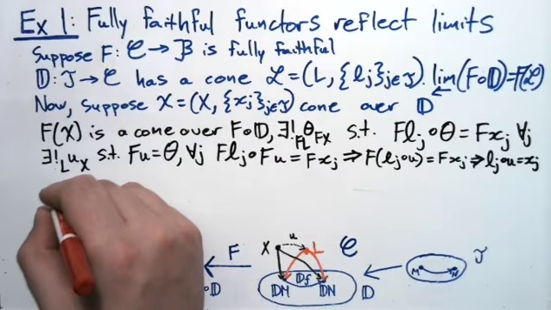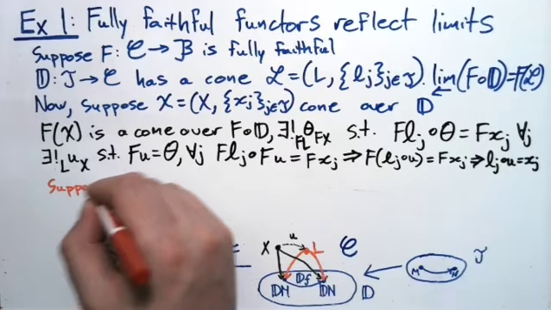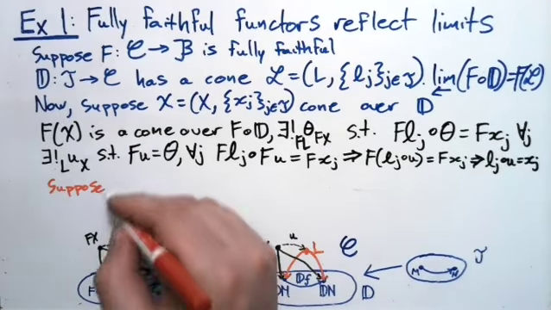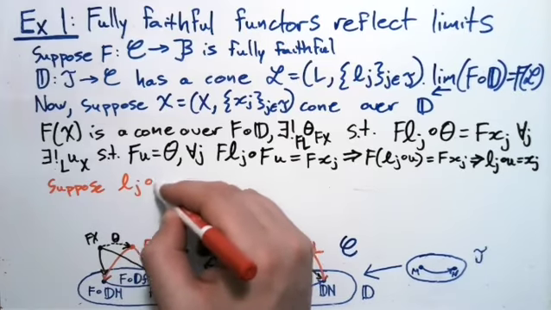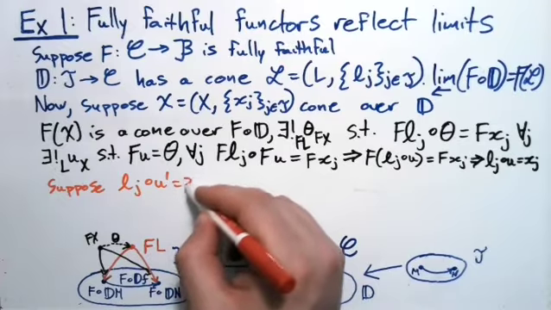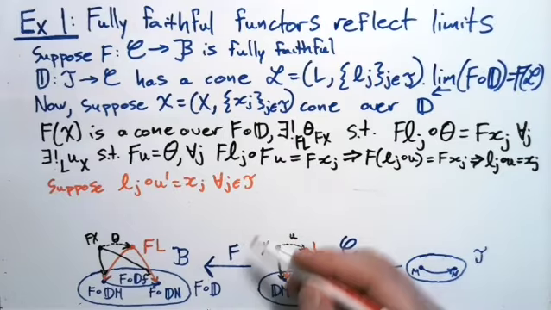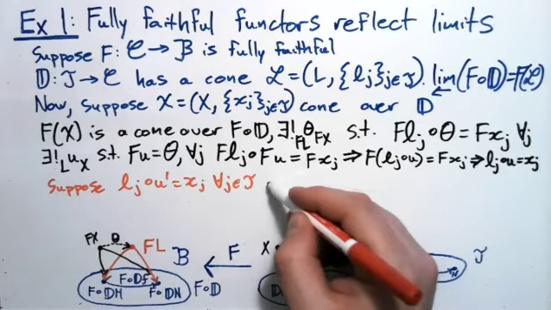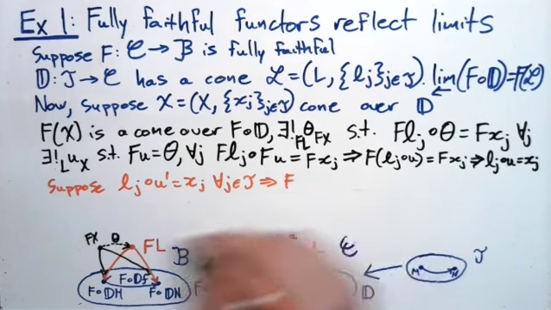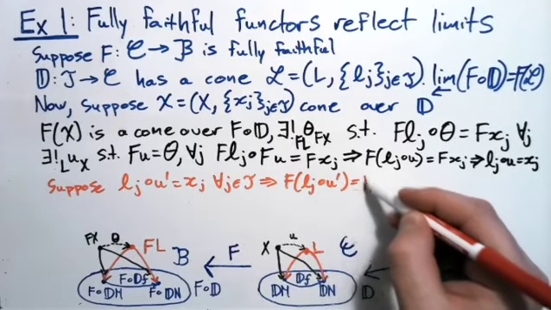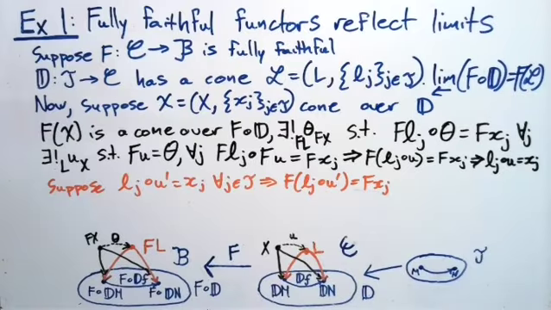So in order to show that, suppose that there exists a U prime such that L J after U prime also equals X J for all j in J. Then, if that's the case, we can apply F to both sides to get F of L J after U prime is equal to F of X J. But if that's the case, then we can split this up.